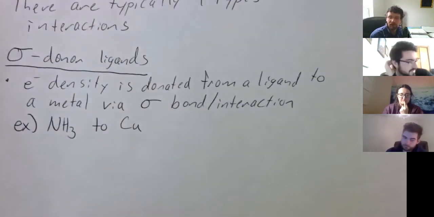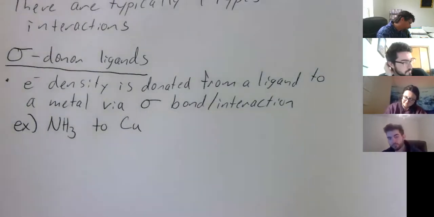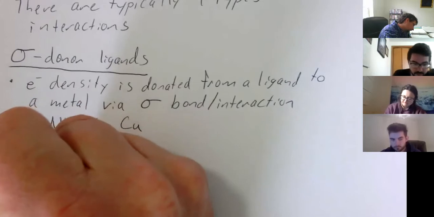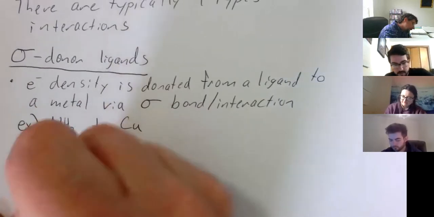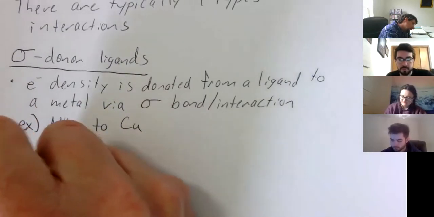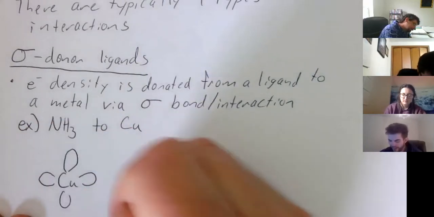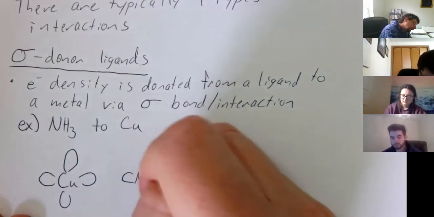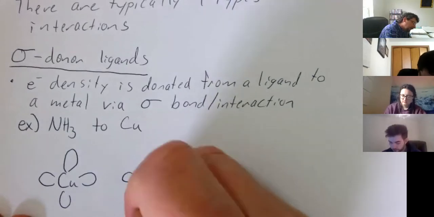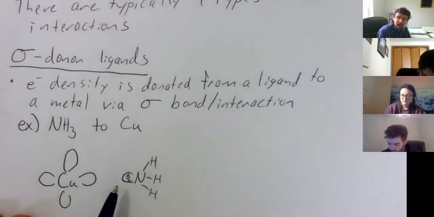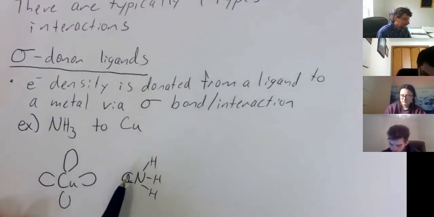We're going to look at ammonia to Cu, so copper. So we got this copper atom sitting here. That's meant to be a d orbital. We look at the HOMO, or the highest occupied molecular orbital of the ammonia. It has some electron density.